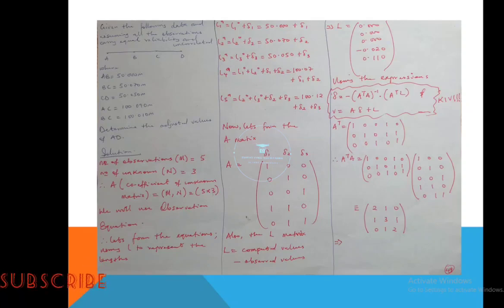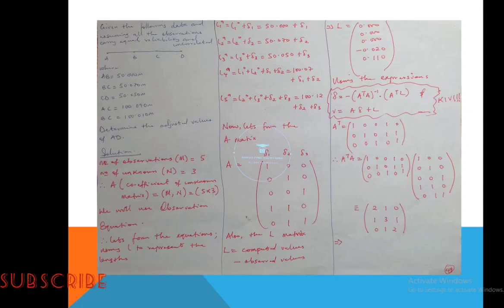Now we have the length AD, and it was divided into 3. The total length is about 150 meters. However, there are a bit of errors, as we all know when you want to carry out adjustment computations.